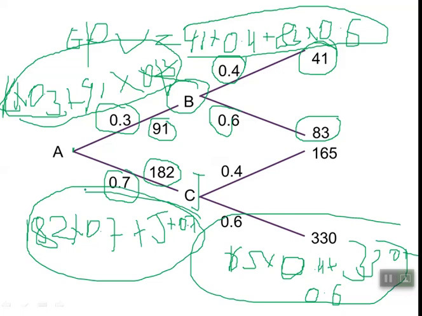So it means we have the present value of year 2, and we have the present value of year 1.